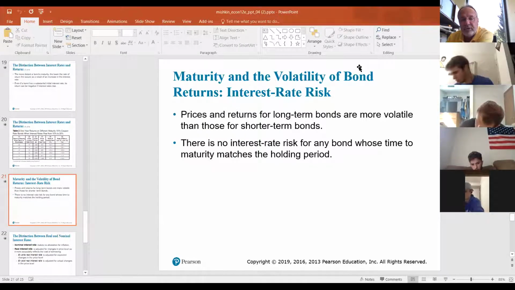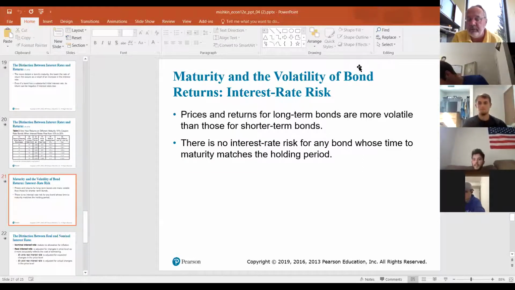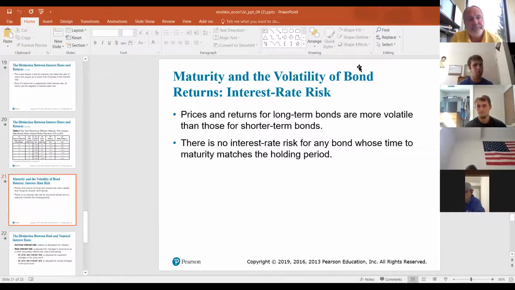There's no interest rate risk for any bond whose time to maturity matches your holding period. In other words, if you buy a 20-year bond because you want to collect the coupons for 20 years and reinvest them so that you have some money when your kid goes to college, as long as you keep that bond until maturity, you will earn the coupon rate.